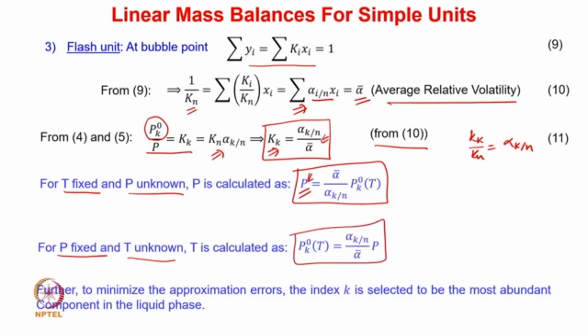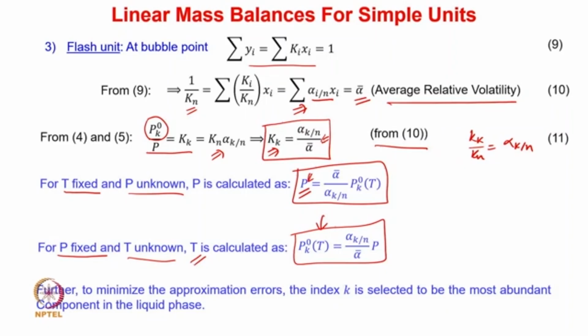So this equation will give me the vapor pressure, and we can use the Antoine equation here and find out what temperature is going to satisfy this particular vapor pressure, and in that way we can back calculate T. So clearly if P is unknown, we can assume a starting value of P and then back calculate P using this equilibrium relation, and check whether that P is satisfying or not. Similarly, when T is assumed, we can back calculate T using this particular equation, and check whether the assumed value of T and the value of T obtained using the equilibrium relations are matching or not.